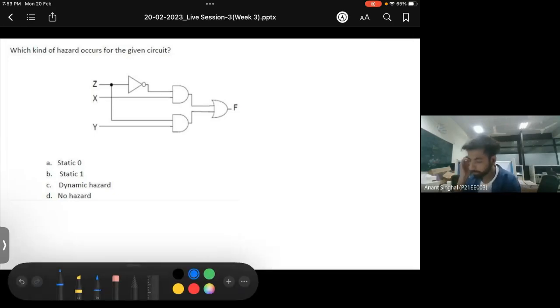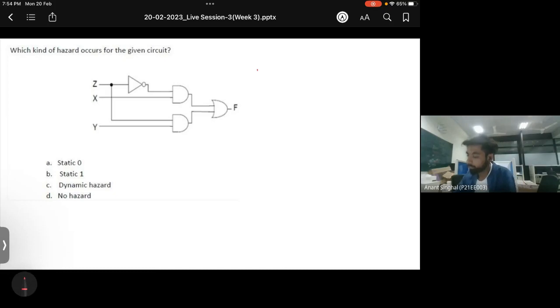Tell me what type of error this circuit has. Anyone?